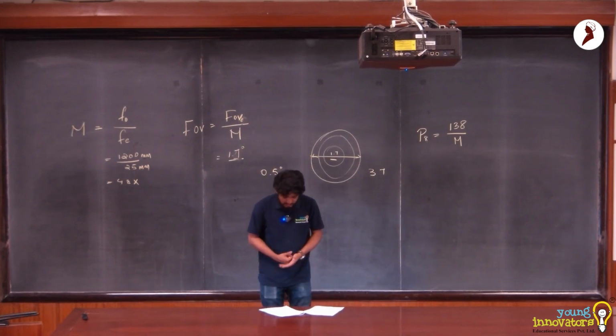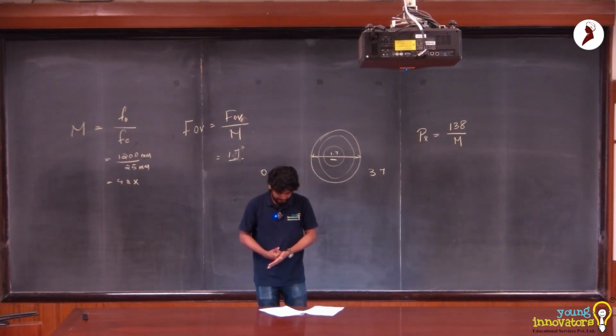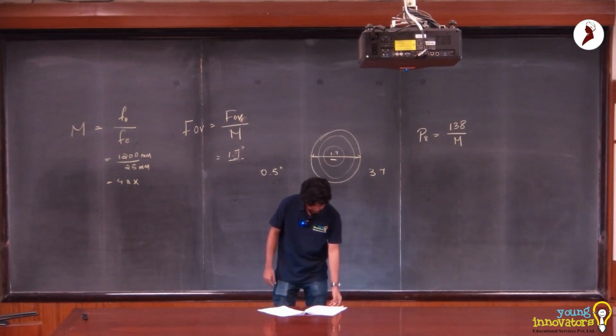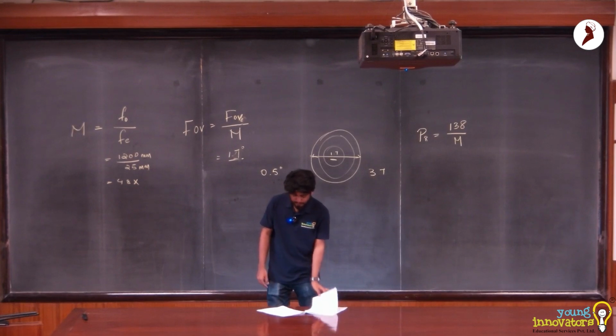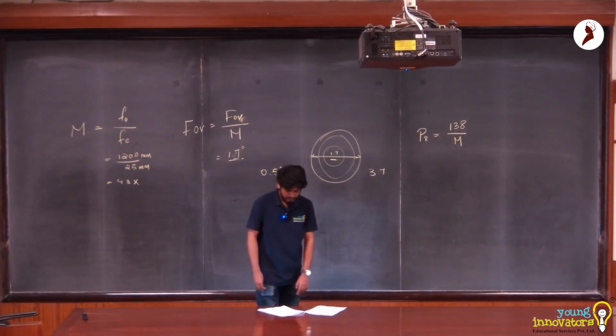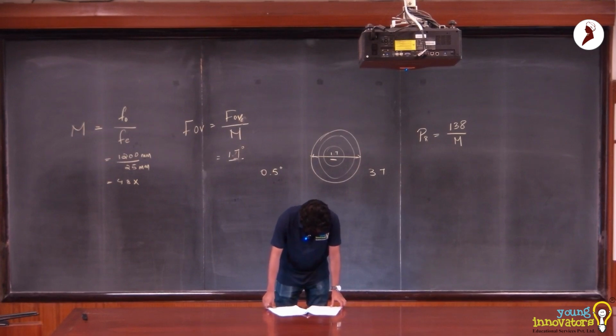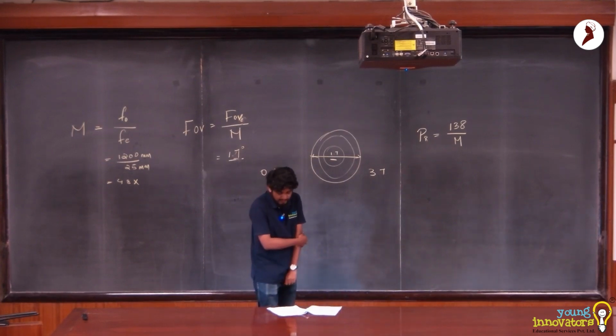So, first question. Very good. A telescope with a 200 mm aperture, find its resolving power.